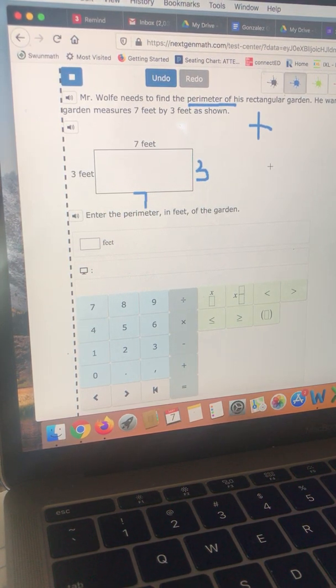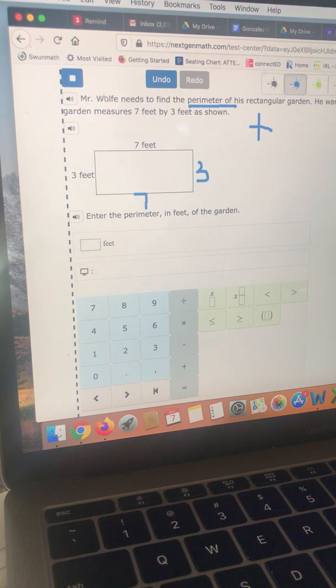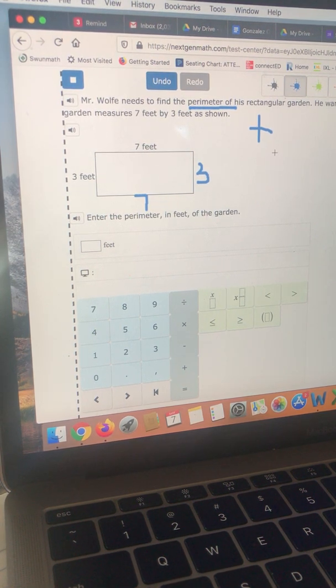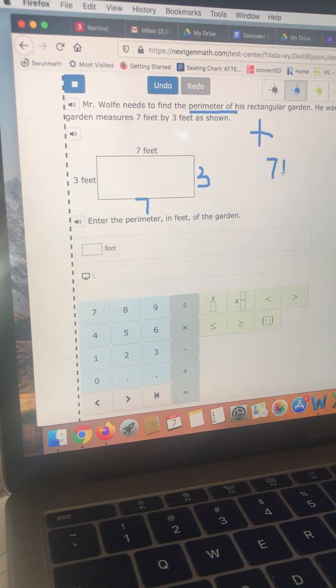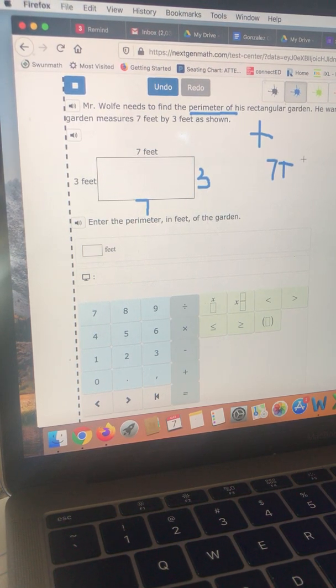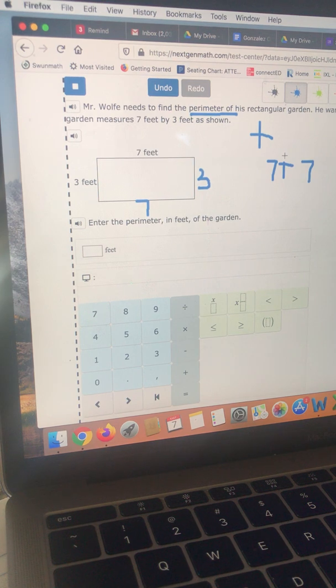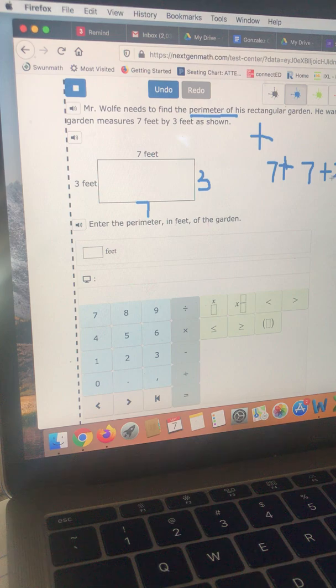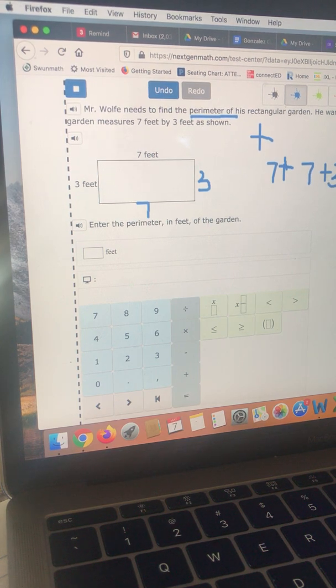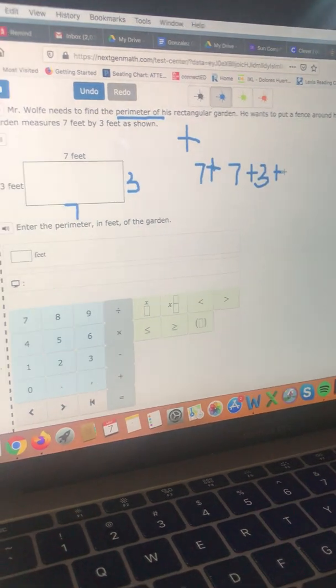Then you go back, and either you get your notebook or you use the pen in your app and you start adding. So you have 7 plus 7. Oh, look, you see, I'm having trouble. Plus 3. Woo, this is so hard. Plus 3.